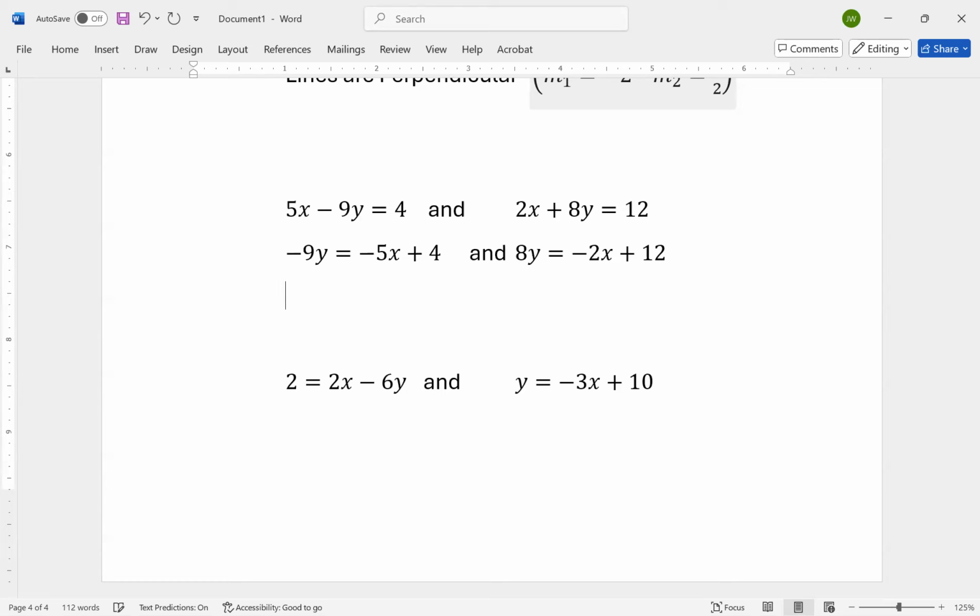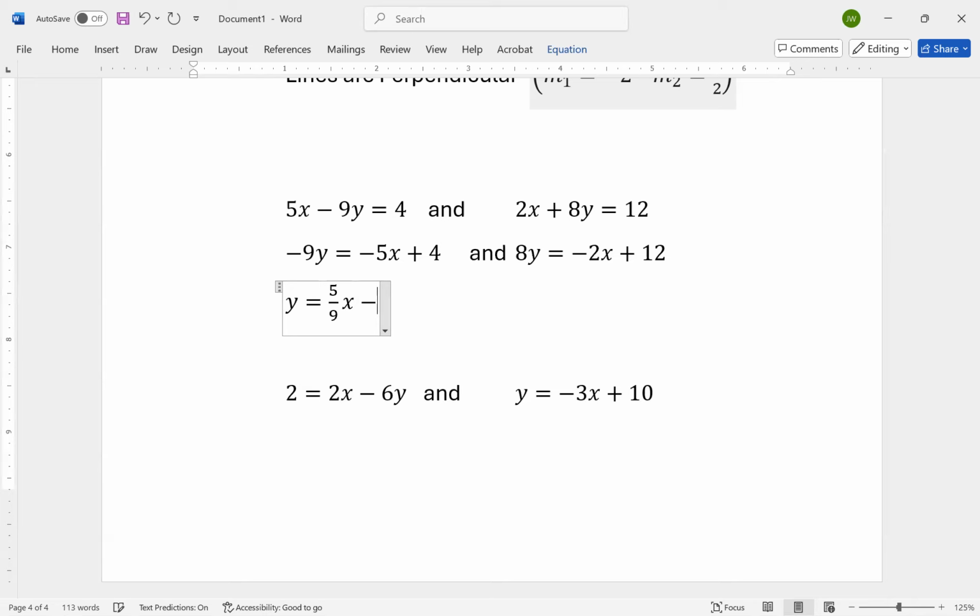In the first equation, I'd have to divide both sides by -9. So dividing both sides by -9 gives me y is equal to a positive 5/9 times x minus 4/9.